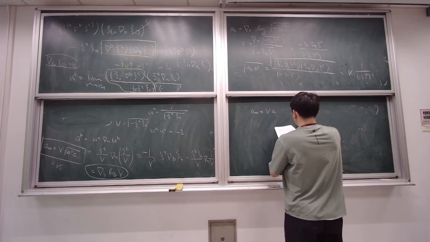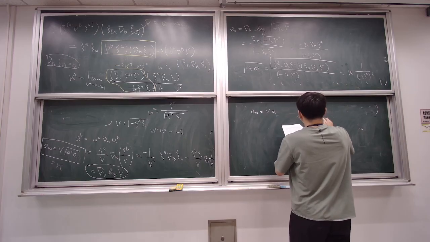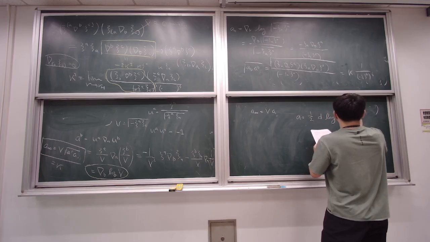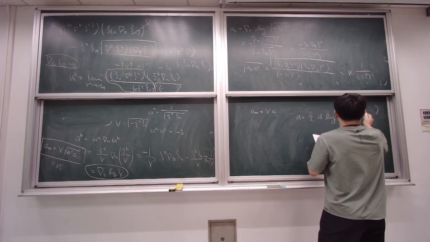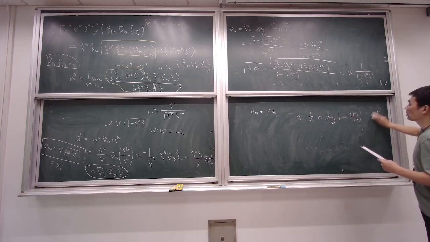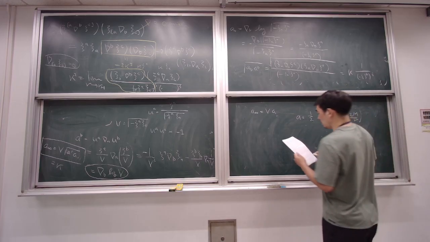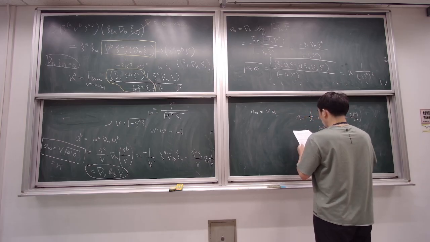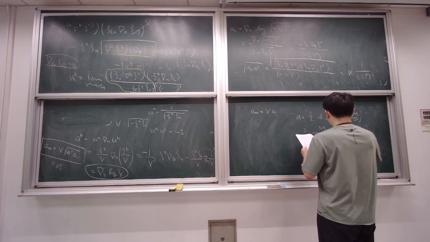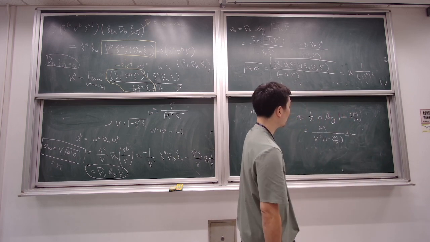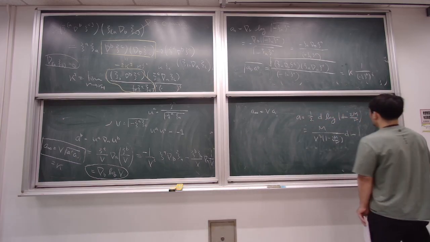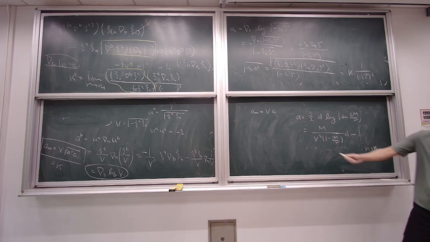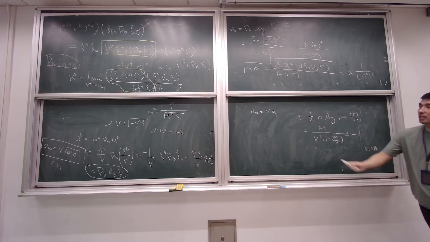In the Schwarzschild case, A is equal to 1 over 2D log of 1 minus 2m over R, and this is equal to m over R squared, 1 minus 2m over R dr. This is a divergent quantity at R equal to 2m. So A itself is divergent, but B becomes 0.